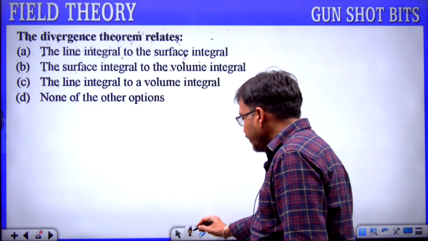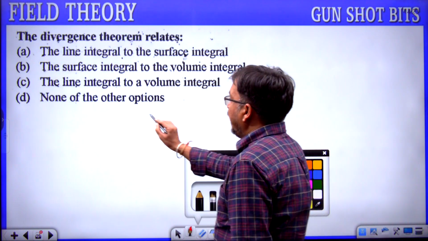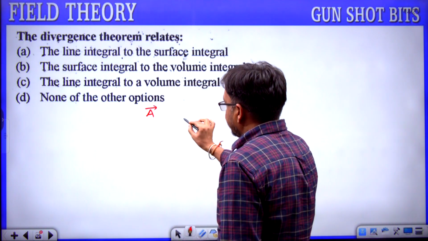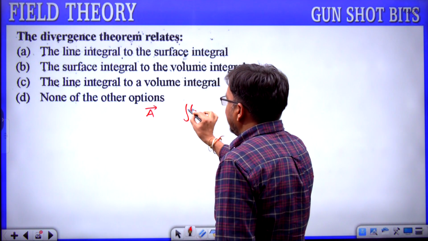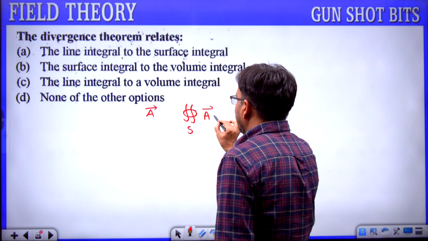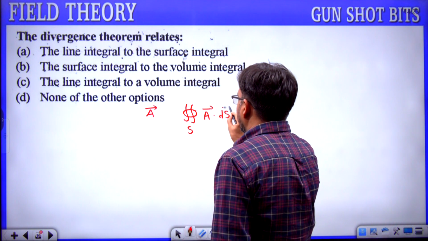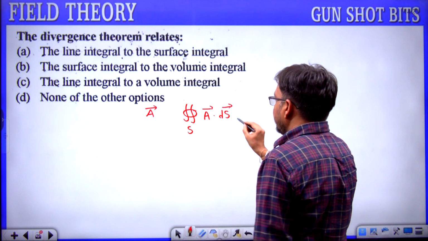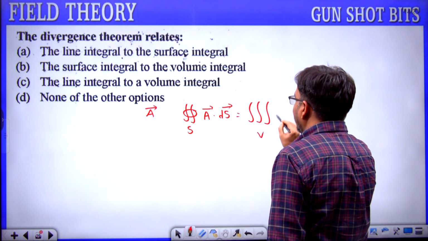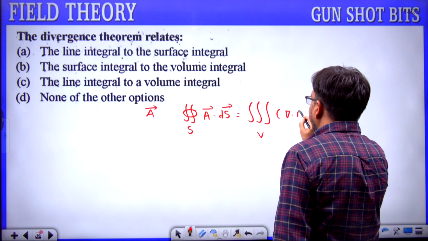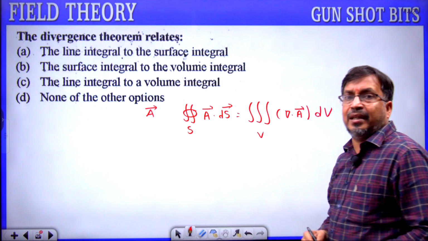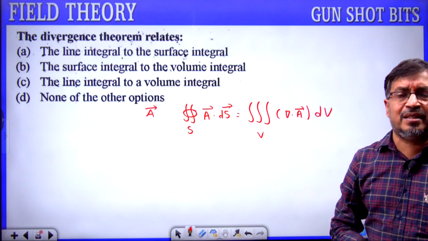Consider a vector A. Then the divergence theorem states that the closed surface integral of A dot ds is equal to the volume integral of the divergence of A dv. This equation is known as the divergence theorem.